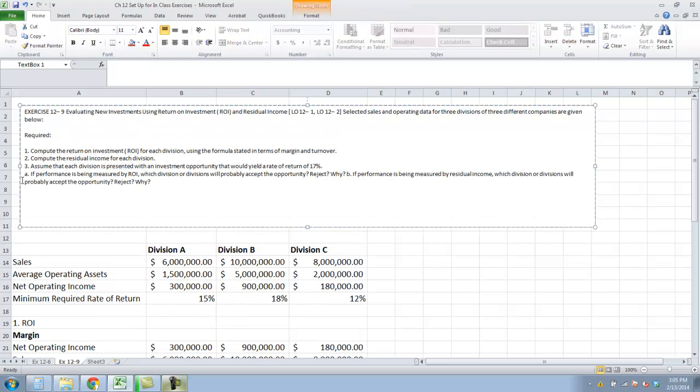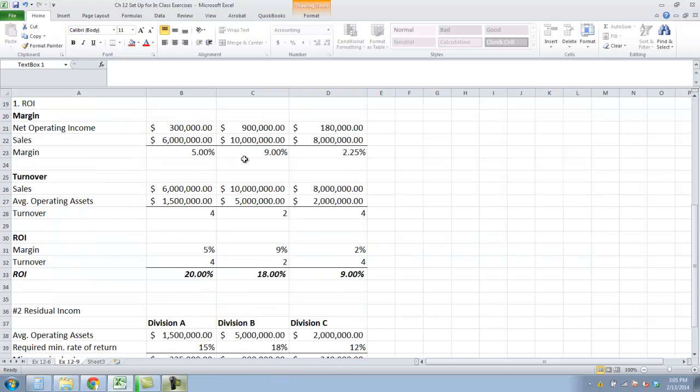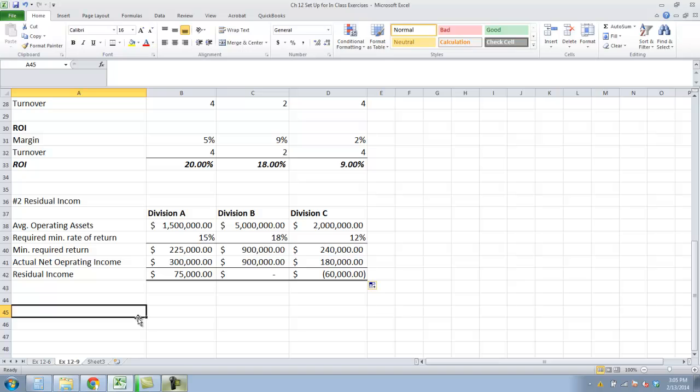So now assume that each division is presented with an investment opportunity that would yield a 17% return. Number 3, investment opportunity. Yield 17% return. Okay.